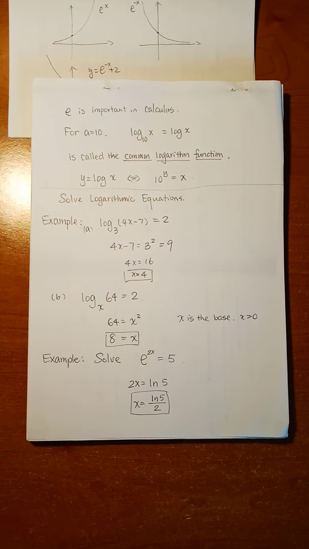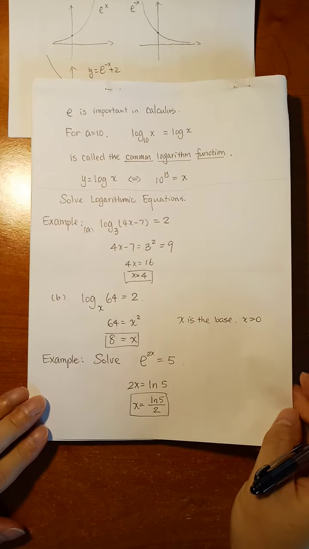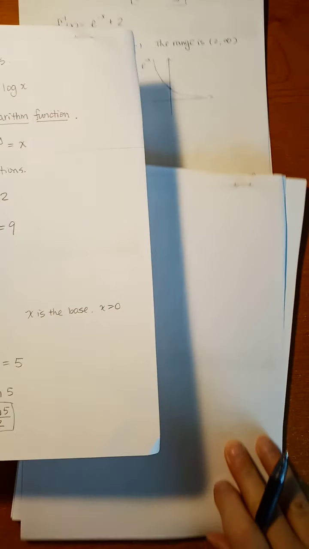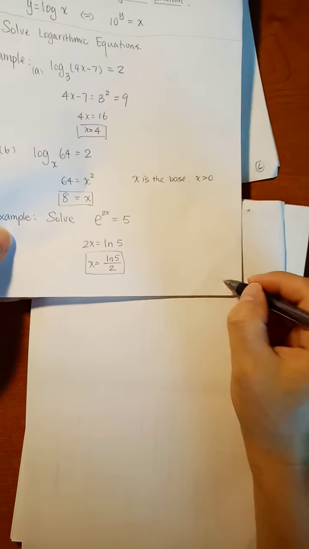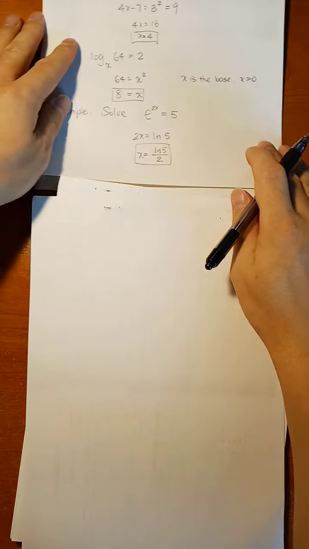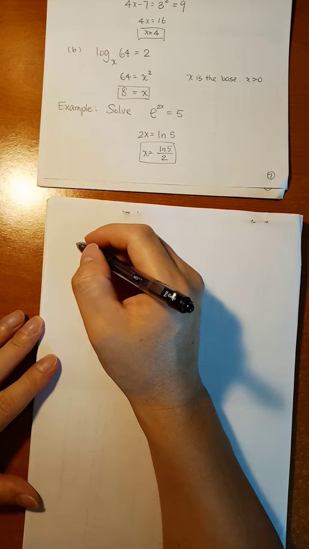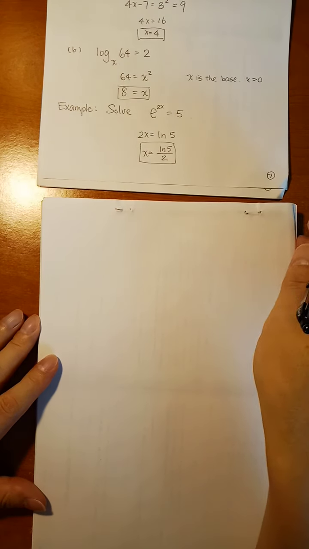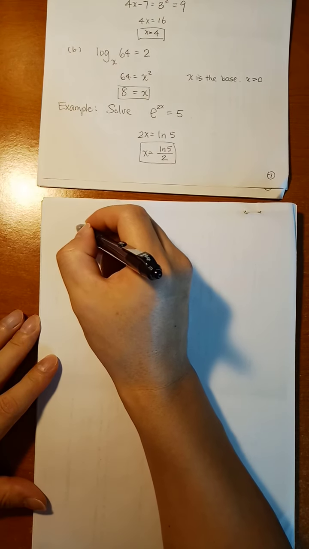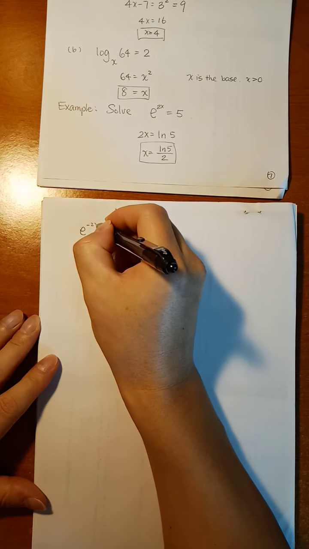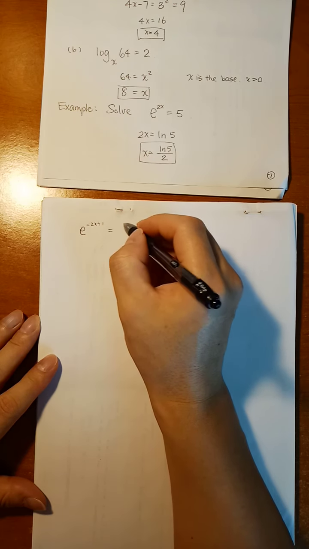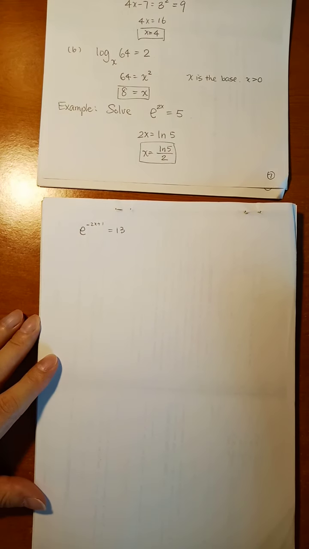Let's do more examples. For example, if we have e to the negative 2x plus 1 is equal to 13, how do we solve it?